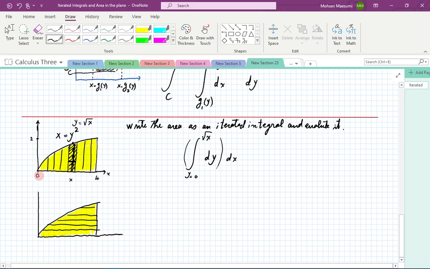My slice starts at x equal to 0, the leftmost, and then I stop at 4. And this is going to be my area. Let's go ahead and calculate this. The integral, the antiderivative of dy is y, between radical x and 0. That is simply radical x minus 0.